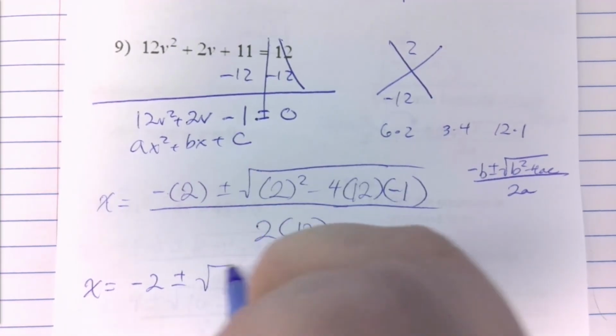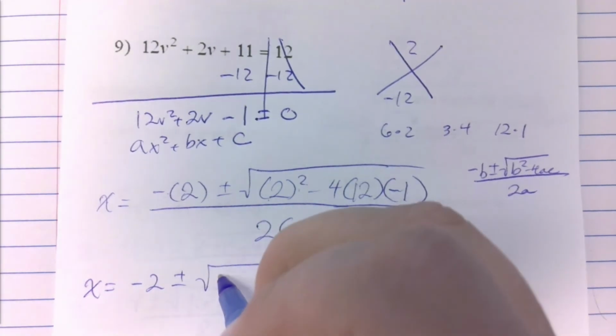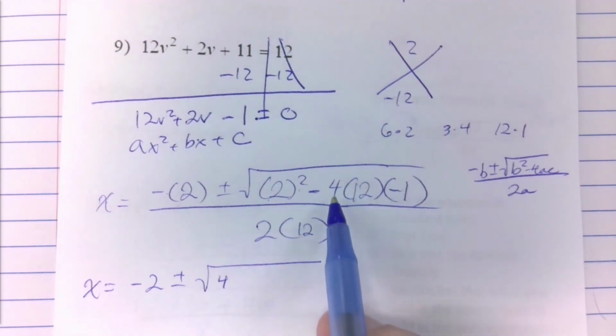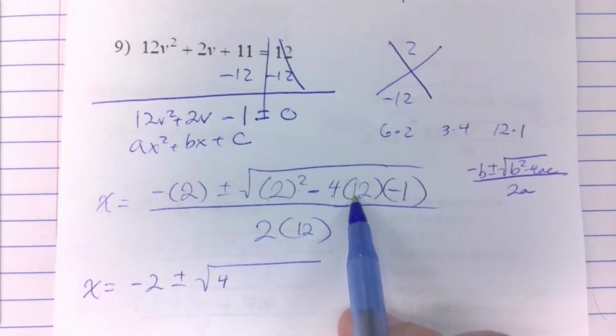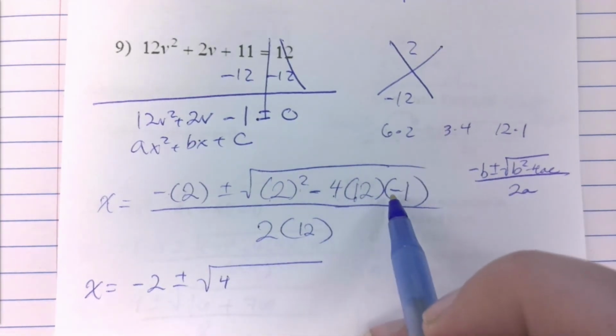Plus or minus. What's 2 squared? Okay. What's negative 4 times positive 12? Negative 48, and then times that by negative 1.